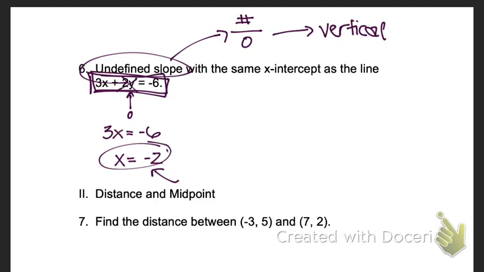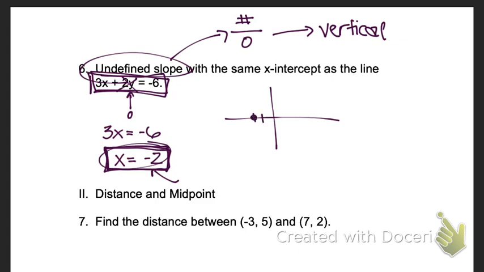Anyone seeing what I'm seeing here? Do I have to do anything? No. This is both the x-intercept of the line that we were given and the equation of the vertical line that goes through it. Okay? So that line does go through the point negative 2, 0. It has that x-intercept.